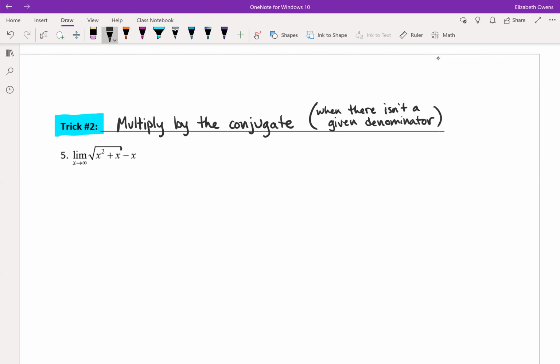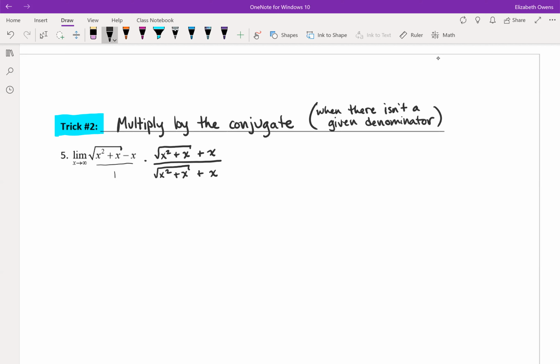The conjugate of this expression would be the square root of x squared plus x, and then plus x. You multiply by that conjugate, and remember, we can only multiply by 1, essentially, to not change the function. So we have to multiply by the conjugate over itself: square root of x squared plus x, and then plus x, over that exact same thing.